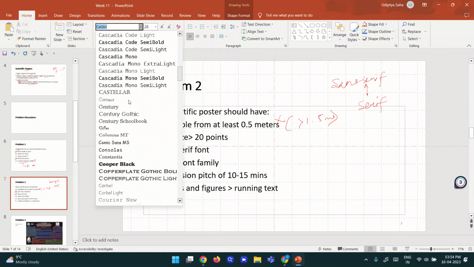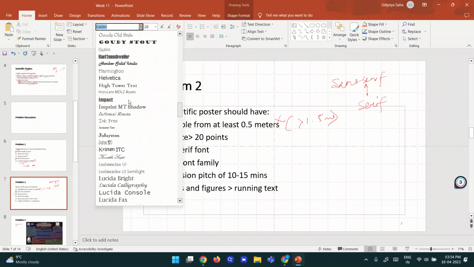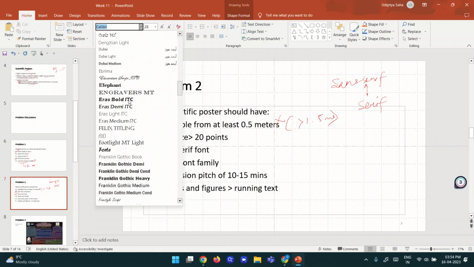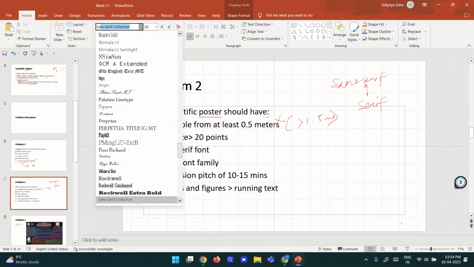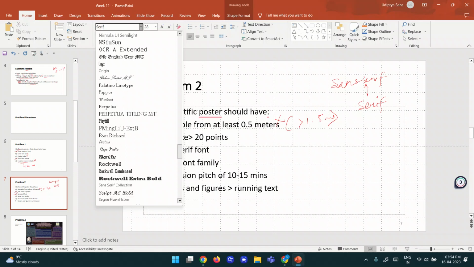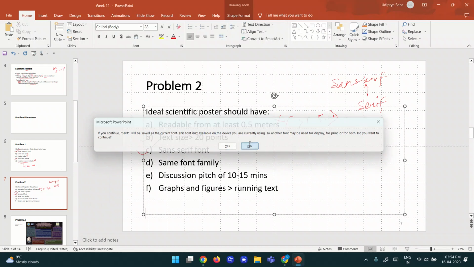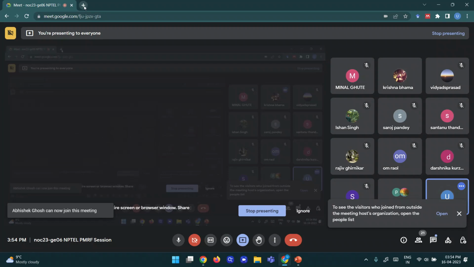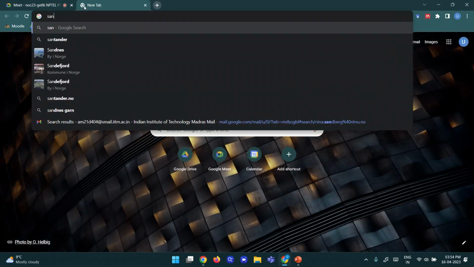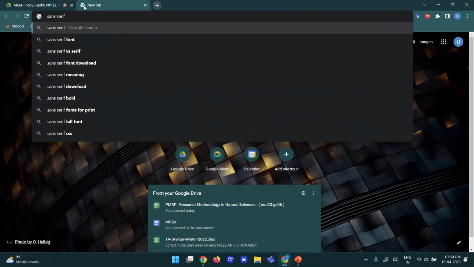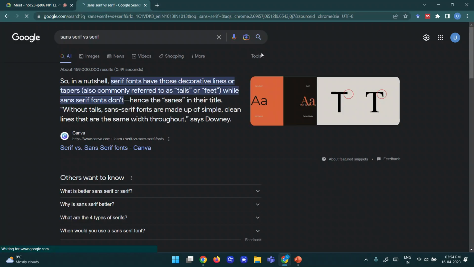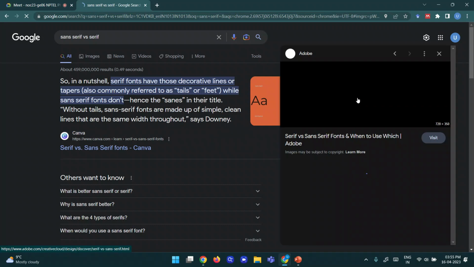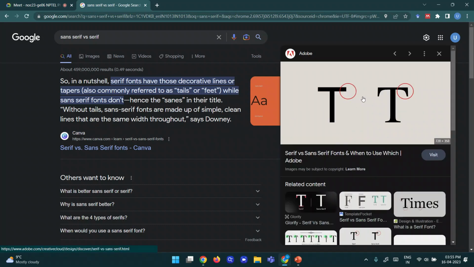So we have to write serif. Anyway, maybe we can have sans serif versus serif. So here you can see the difference. I hope you can see my screen. Yes.